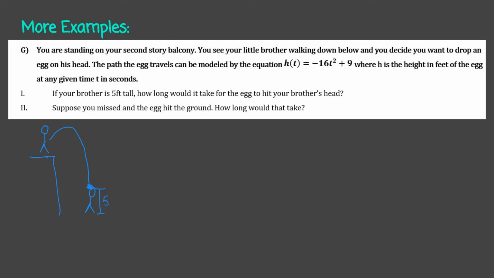Well, your height that it's landing at is what goes in place of h of t. So basically, when you're solving this problem, I'm going to call this part A, you want to plug in a 5 for the height for this equation. And you're trying to solve for t because you want to know how long is it going to take for it to hit his head.